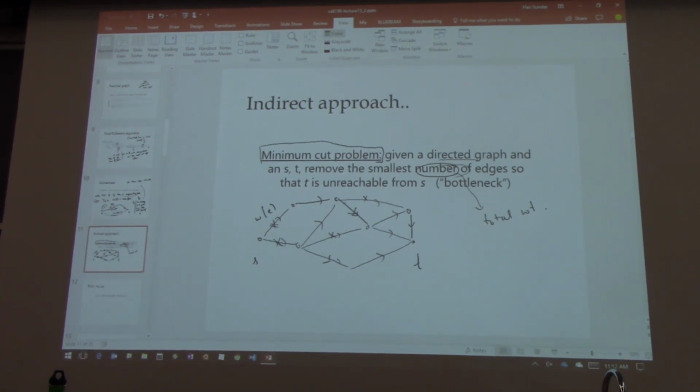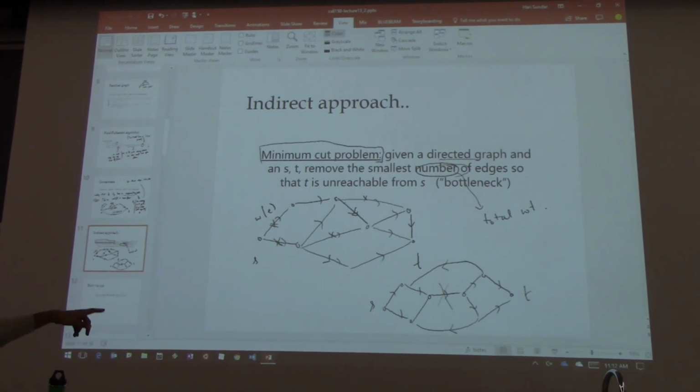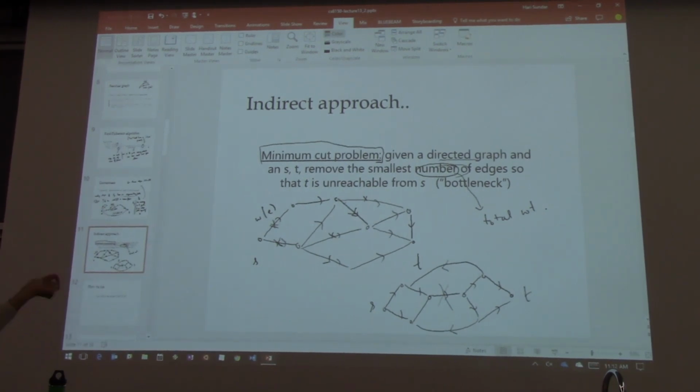Or you could have a graph where something like this holds, and to disconnect S from T, all you got to do is remove this edge. Also you could have edges like this. It doesn't matter. All you want to make sure is there's no path going from S to T.